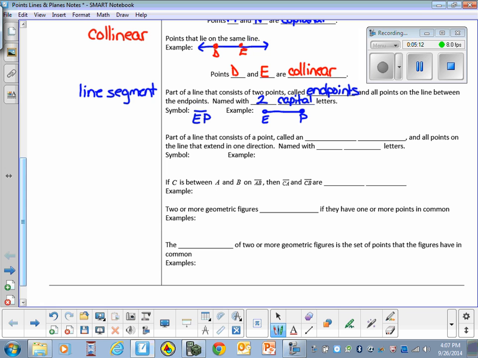Part of a line that consists of a point called an initial point and all of the points on the line extending in one direction. Alrighty, this is called a ray.